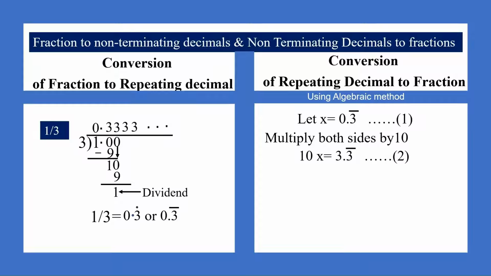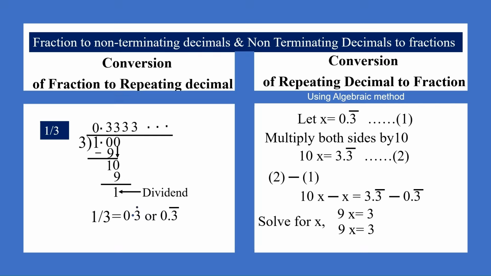Now the next step is equation 2 minus equation 1, and we get 10x minus x is equal to 3.3 bar minus 0.3 bar. That is, the decimal part will go away and you get 9x is equal to 3. Solve for x: divide both sides by 9 and the 9 cancels, and you get 1 by 3. So x is equal to 1 by 3.